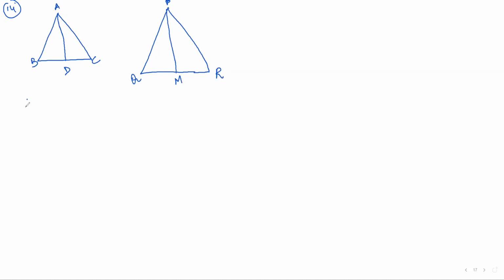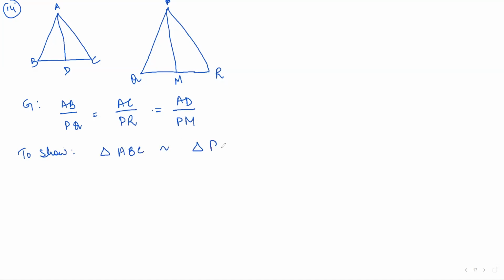So what is given? That AB upon PQ is equal to AC upon PR and median AD upon PM. This is given. Show that triangle ABC is similar to triangle PQR.